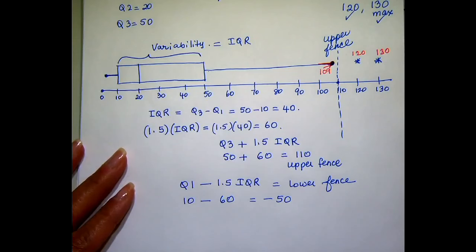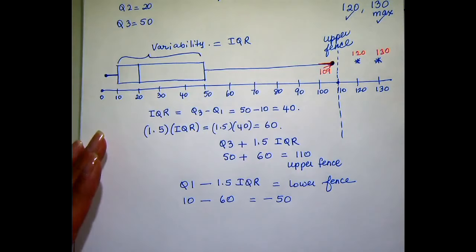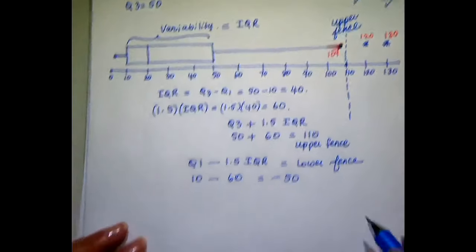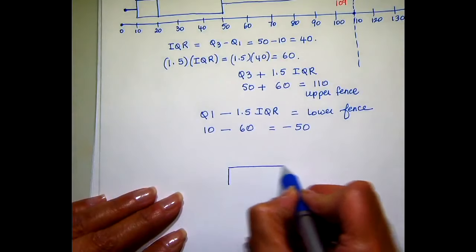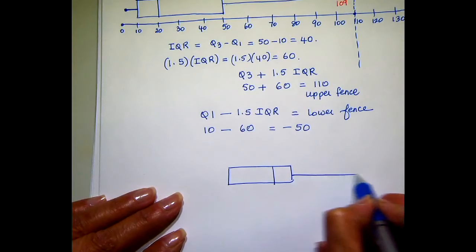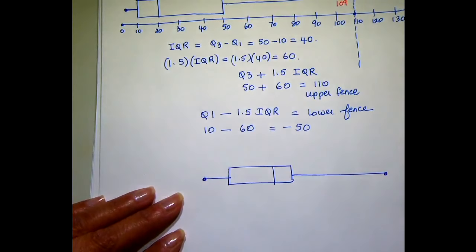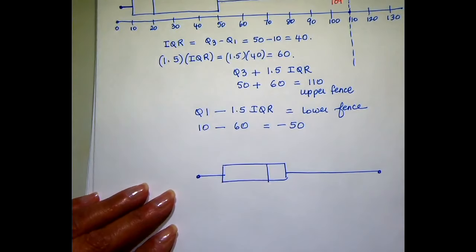I can also tell the skewness of my data set by looking at what lies in the box. So let me give you a box. Any idea of the skewness of this?